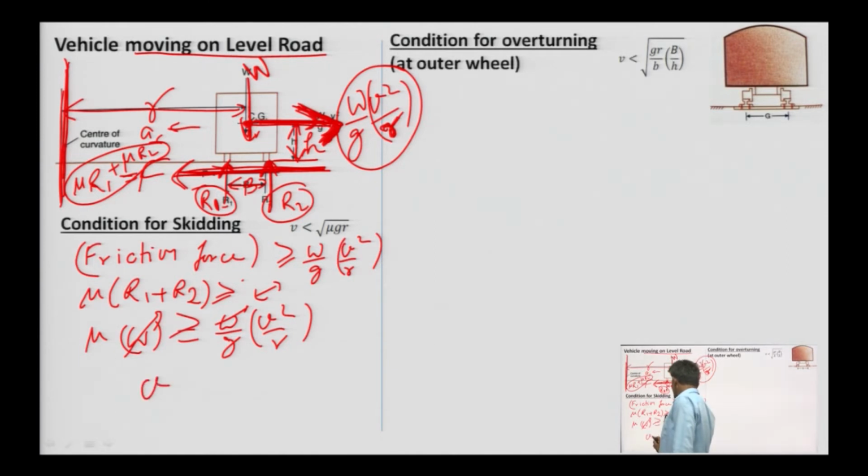So we have speed V less than or equal to the square root of mu into g into r, with small r.